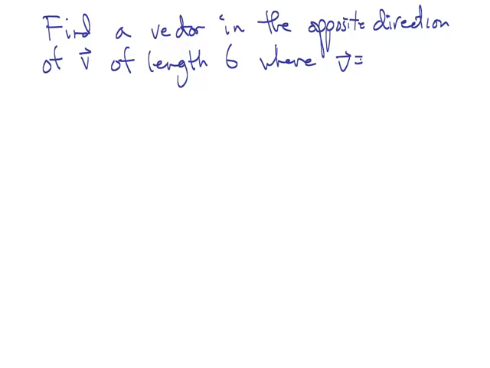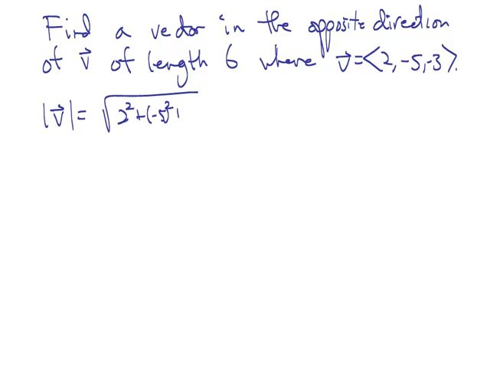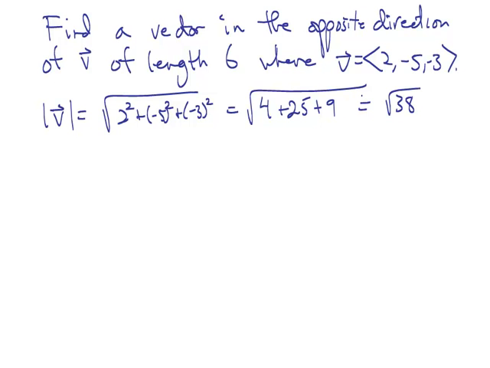And let's suppose v in this case is 2, negative 5, negative 3. Well, the first thing I'll do is find the length of that vector. So it's going to be the square root of 2 squared plus negative 5 squared plus negative 3 squared. Oh, that's 4 plus 25 plus 9. So, square root of 38 again. What do you know? I must like those numbers.